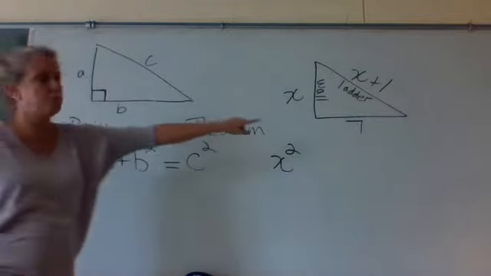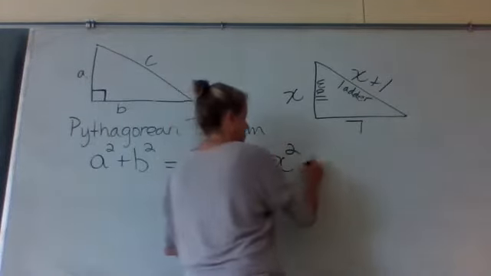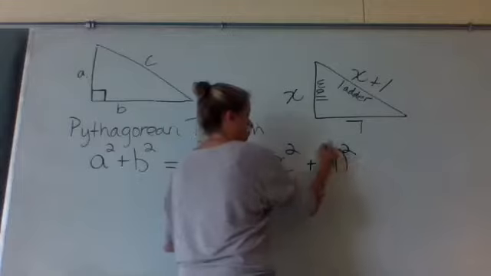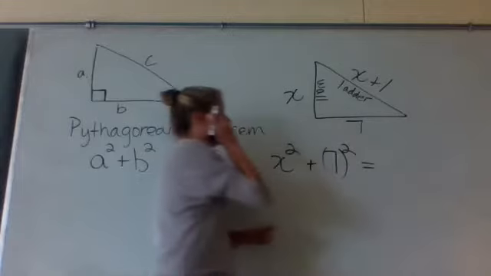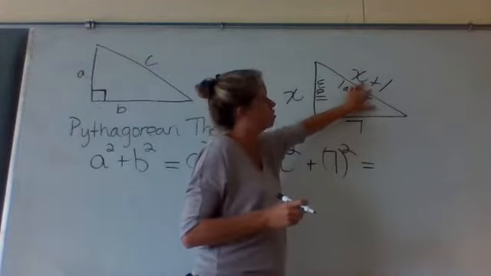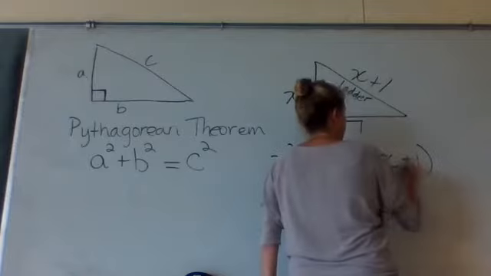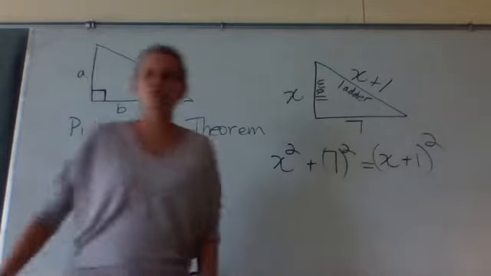So what represents your B on this triangle? The 7 squared equals your C side, which is this one right here, squared. So x plus 1 squared. Let's write this out.